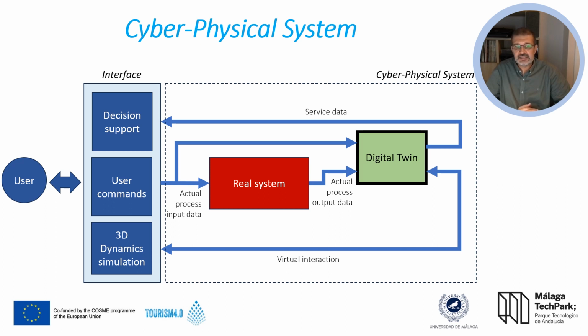The first one is service data that will be used for decision support, and the other one is for the virtual interaction and represents the digital version of the real system in 3D by using the 3D dynamic simulation. Now, after this general structure of the cyber physical system, we will focus on the digital twin.